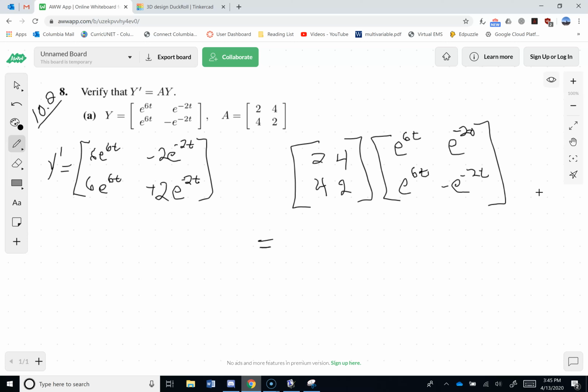All right, so to do this multiplication, we need to know how to multiply matrices. So if I have a matrix that's made out of rows this way, times a matrix that I think about as being vertical columns, then the resulting matrix that I get is row 1 dotted with column 1 and row 1 dotted with column 2 and row 2 dotted with column 1 and row 2 dotted with column 2.